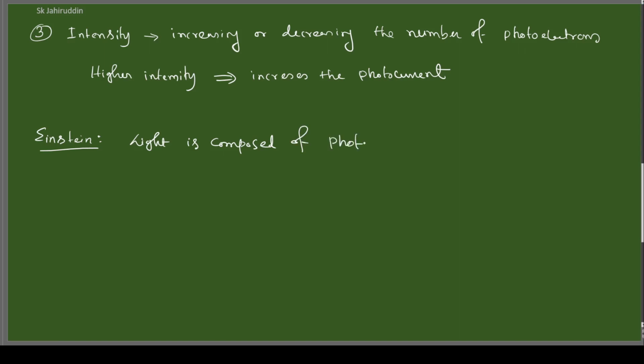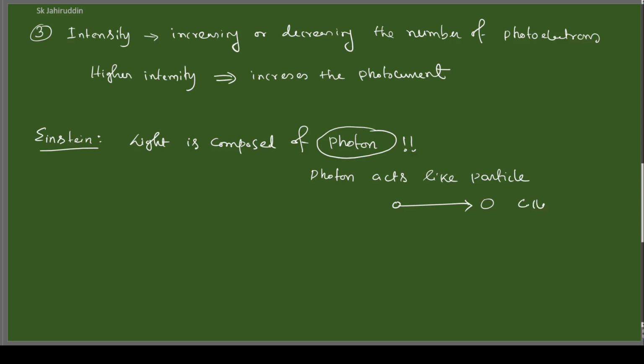What the hell is a photon? Light is composed of photons. A photon acts like a particle. The photon comes, attacks something, collides, collisions.